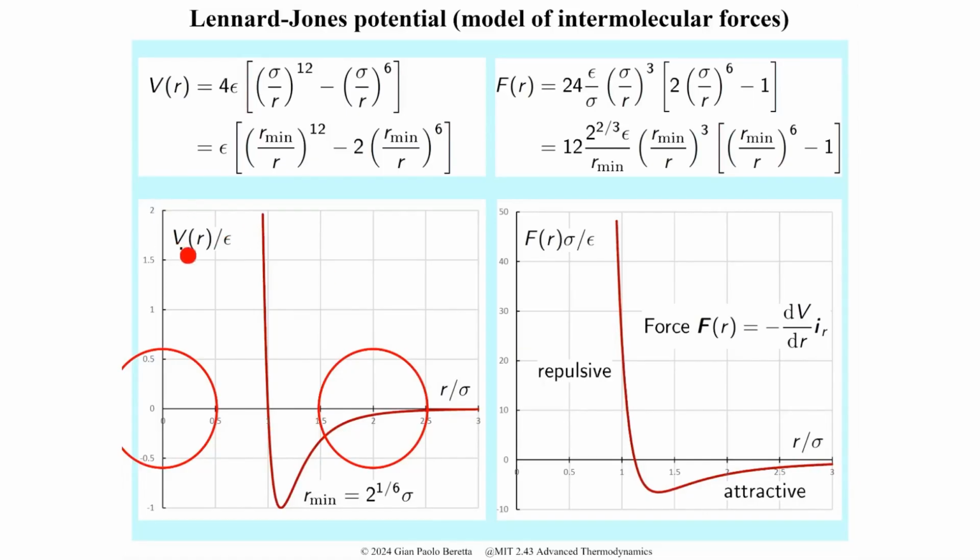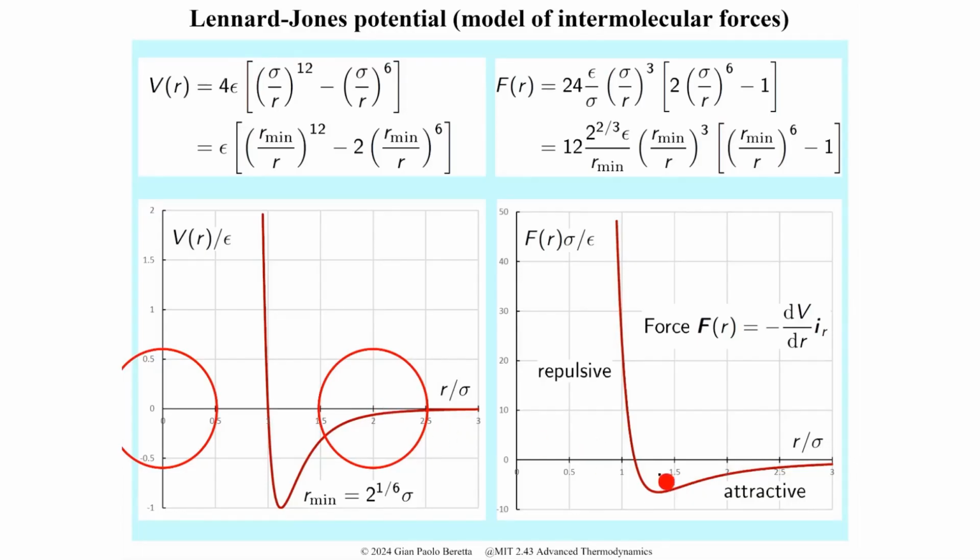The usefulness of having a potential is that then you can calculate forces by taking the derivative of the potential. And as you see here, if the force is negative, it means that its direction is opposite to the unit vector in the r direction, so it points left. So it's attractive.